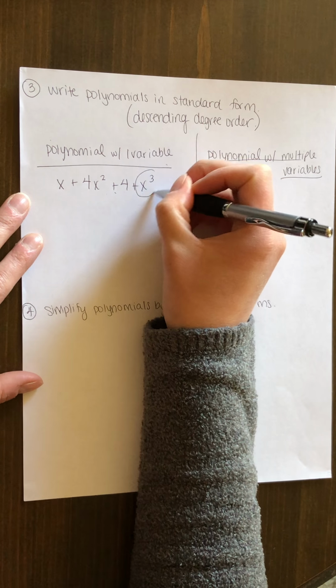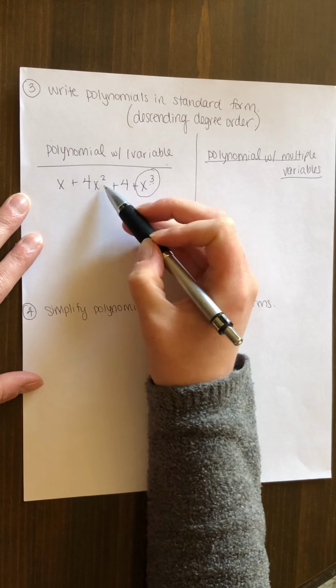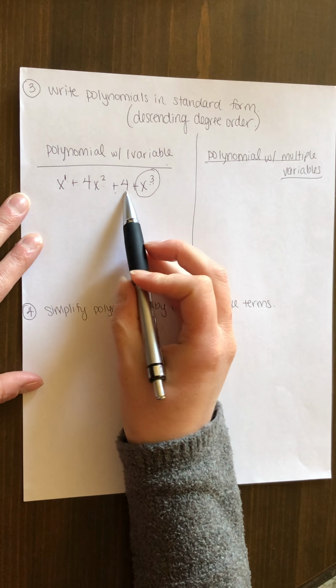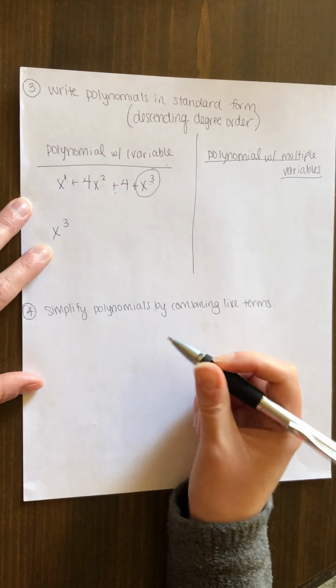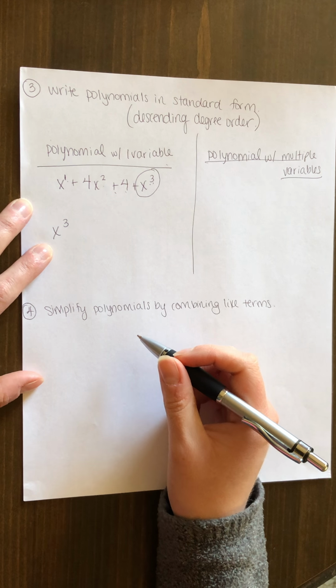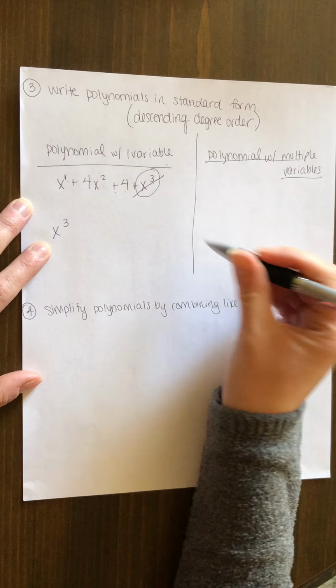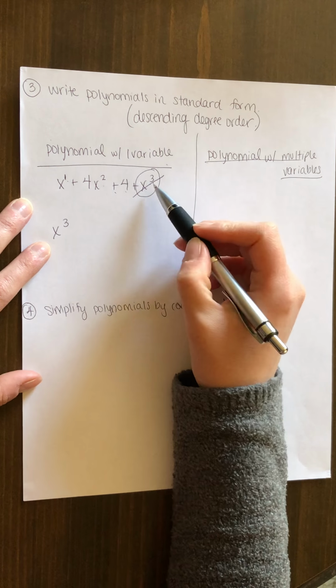So the x with the highest degree is the highest exponent, so 3. This x has a 2, technically this x has a 1, and the 4 has no x's attached to it. So I want to write the highest degree term, or highest exponent term, first, and then go in descending order, or decreasing order. So 3 was the highest.